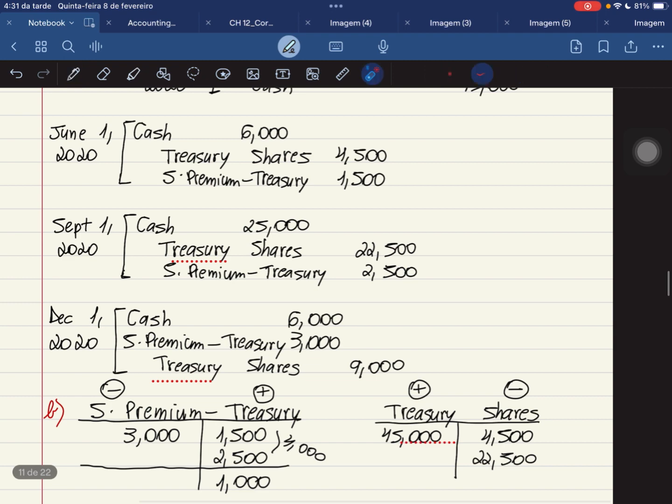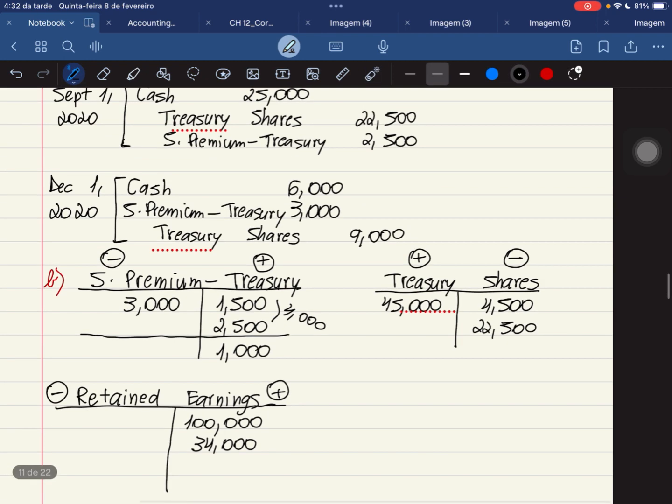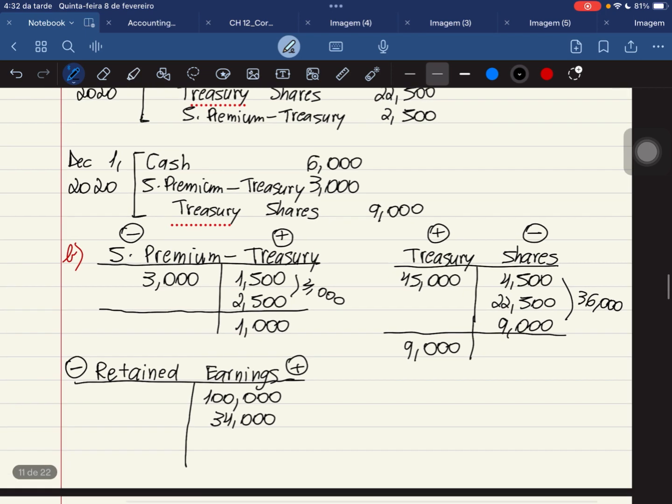And another credit of 9,000. Okay, and now you would be ready to calculate the ending balance. In this side, we have 36,000. So 45,000 minus 36,000, you have extra 9,000 in this side. This is your ending balance.